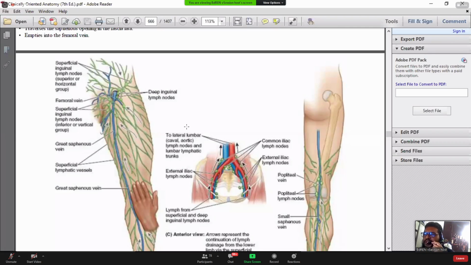Particularly in some sites, the lymphatics have to perform a very specific function, like in the GI tract. The lymphatic vessels carry big particles of fat in the form of what? Lacteals. Right.